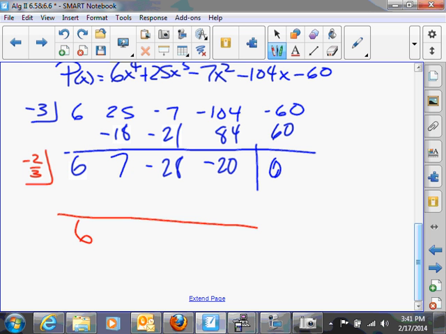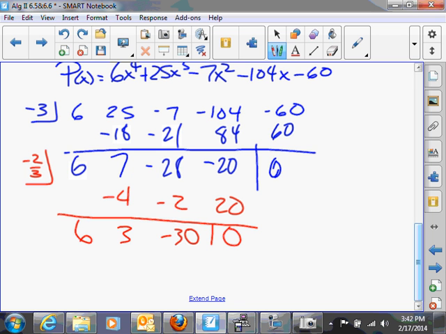So bring down the 6. -2/3 times 6 is -4. 7 plus -4 is 3. -2/3 times 3 is -2. That gives us -30 down here. And -30 times -2/3 is 20. And we get 0.